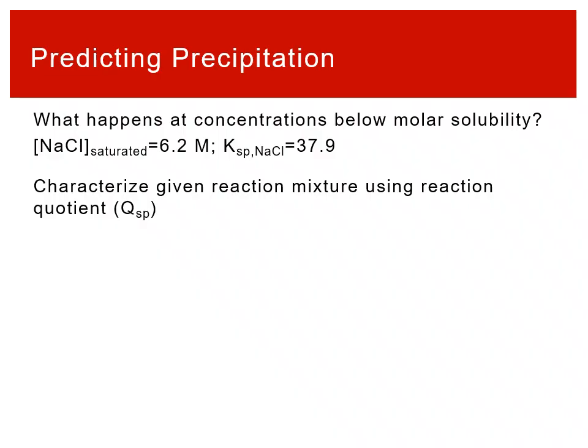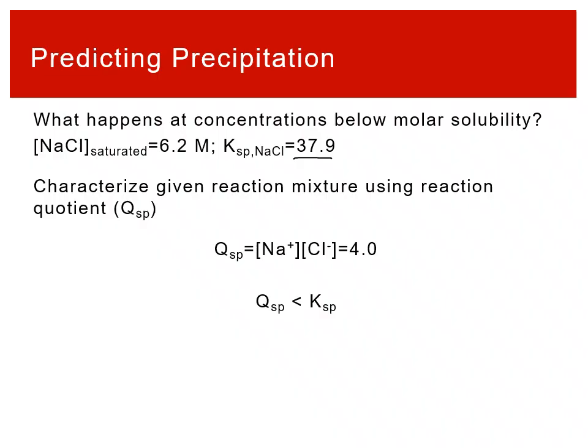So then we can characterize how this solution will shift to reach an equilibrium by computing QSP. We know with QSP, we just plug in whatever the concentrations actually are, which for sodium and chloride were both 2 molar. So we plug them in, we get that QSP is 4, which is less than KSP, right? KSP is given for NaCl up here as 37.9. 4 is lower than that.